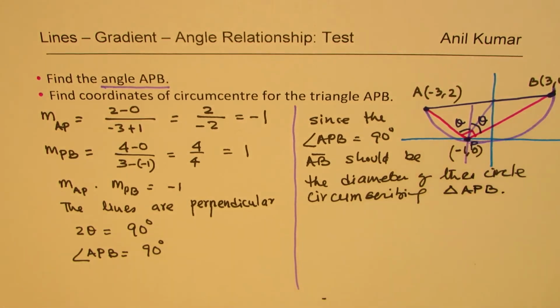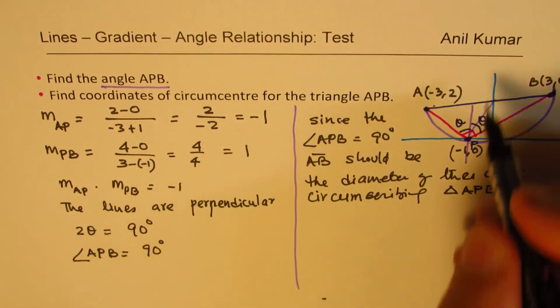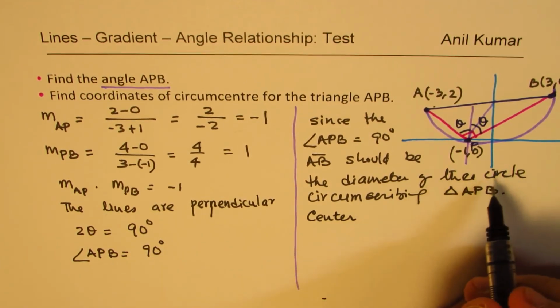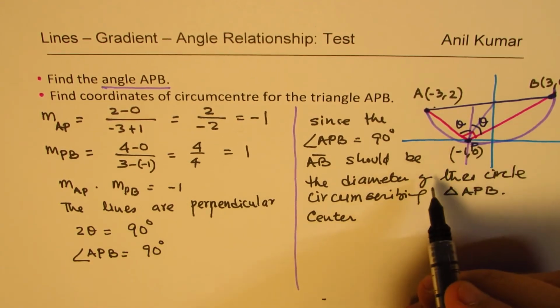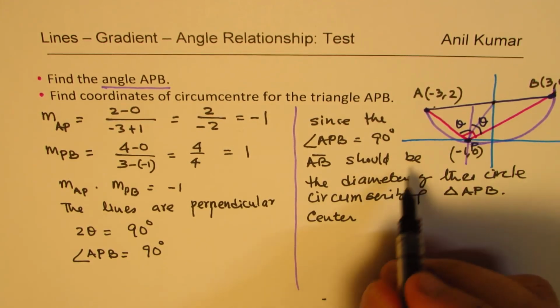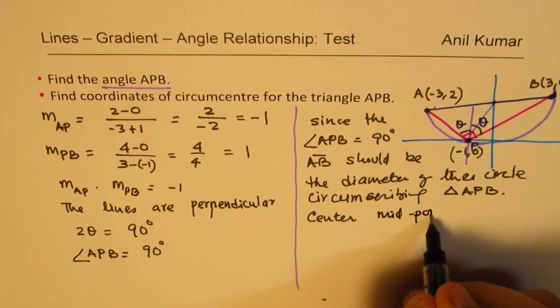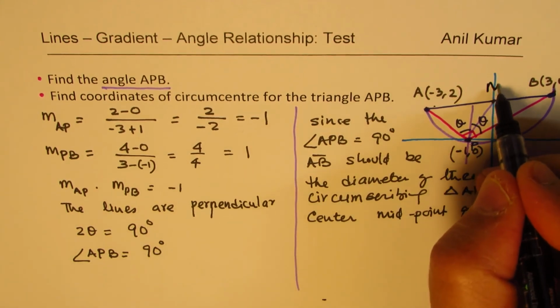Does it make sense to you? Since this is only in a semicircle, you get a 90 degrees angle, right? Therefore, that becomes a diameter. And therefore, the center, which we are interested in finding, the circumcenter, is what? The circumcenter will be halfway between A and B, the midpoint of AB, correct? So let's find the midpoint, M.